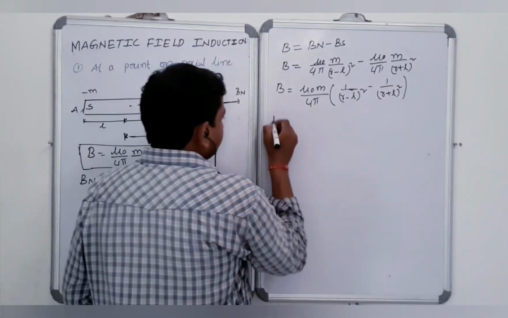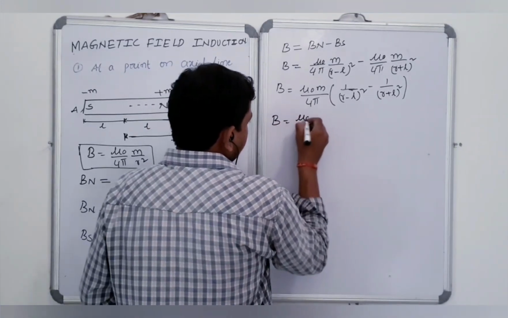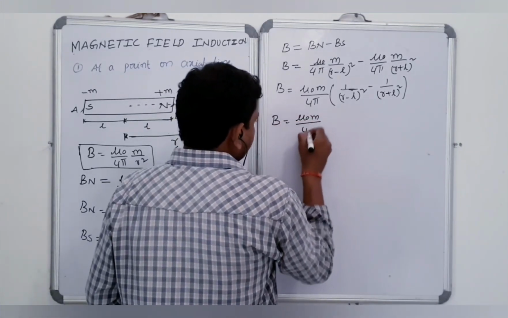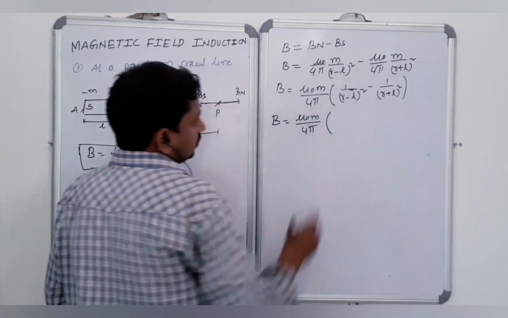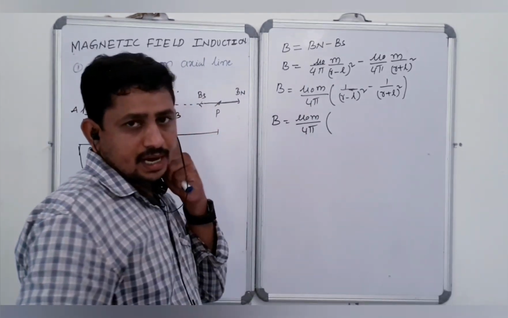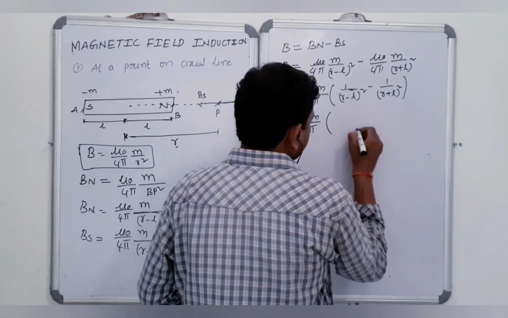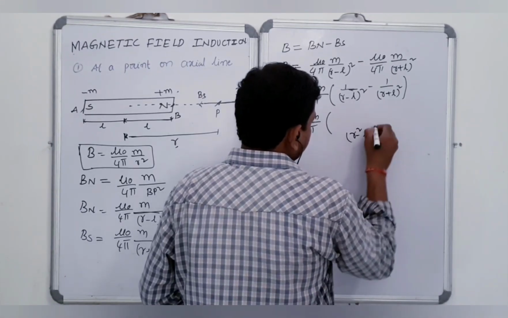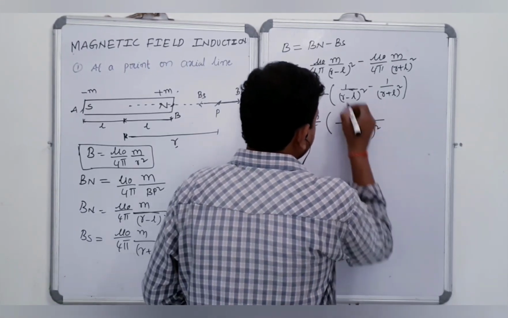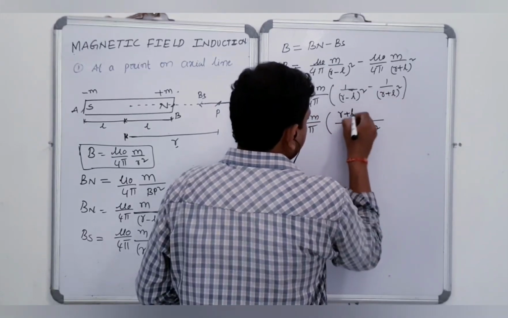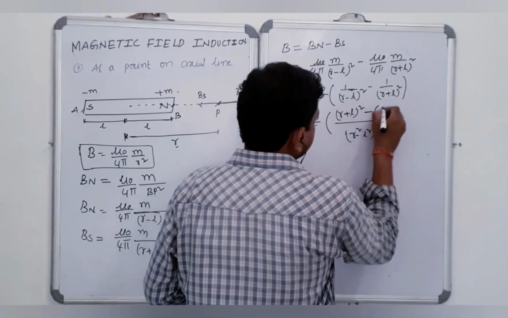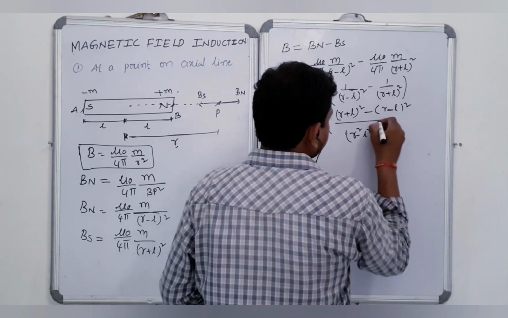So now B is equal to mu naught m by 4 pi into, let us take the common LCM, r square minus L square whole square, by r plus L whole square minus r minus L whole square.